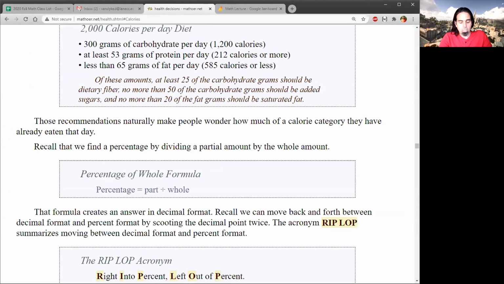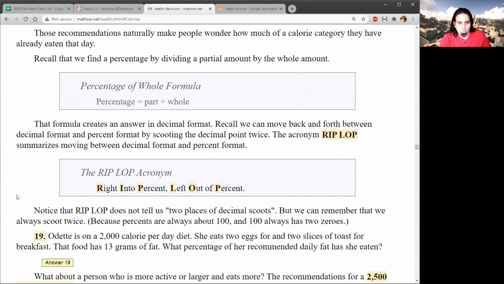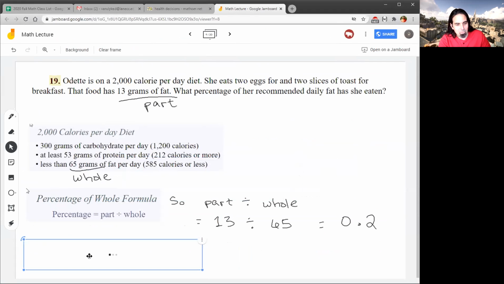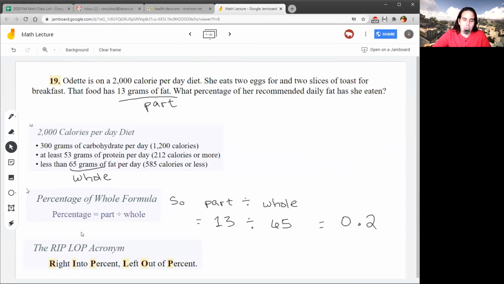And then we like to talk about these sorts of things with percentages. So the acronym RIPLOP, wife next to me is trying not to laugh, reminds us that we're always going to scoot twice to go between percents and decimals.